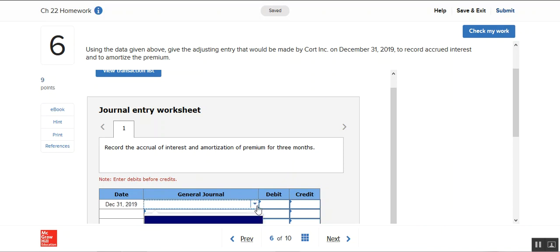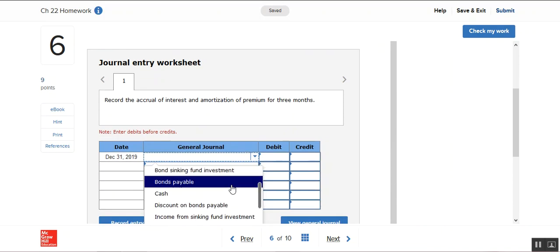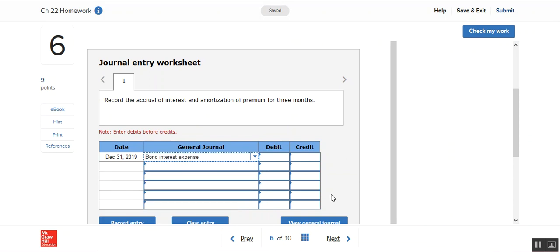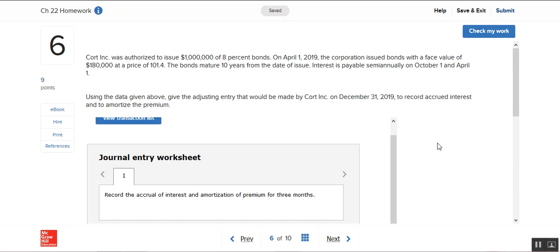Let's start with bond interest expense. This is for 3 months, and the bond interest expense is calculated on the face value of the bond.